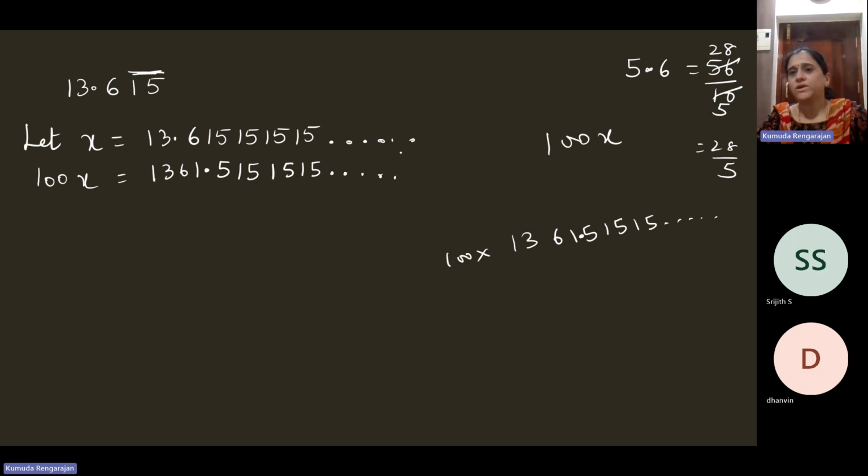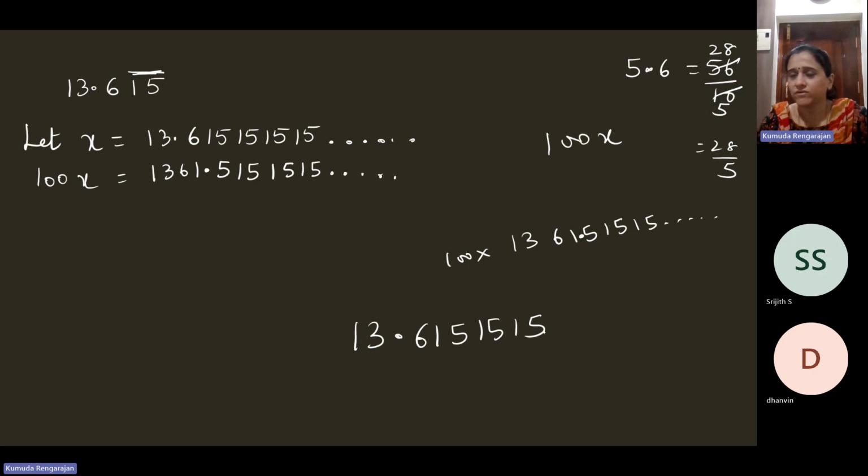So since 2 digits 1 and 5 repeat, we use 100. You should find 100x. And how to find 100x? x into 100. You should shift the decimal point to the right by 2 places. I'm showing you again.